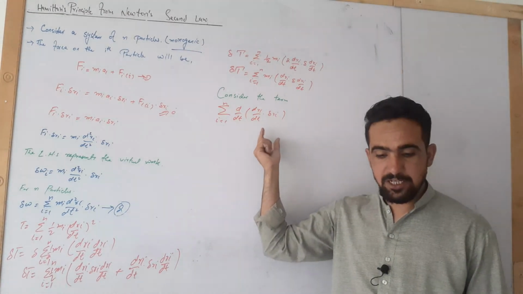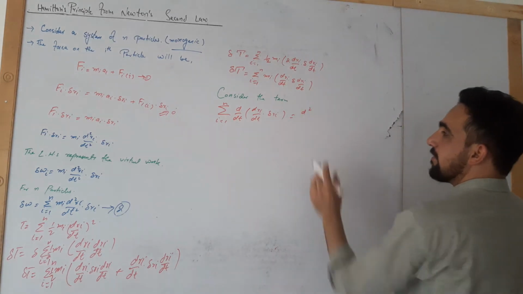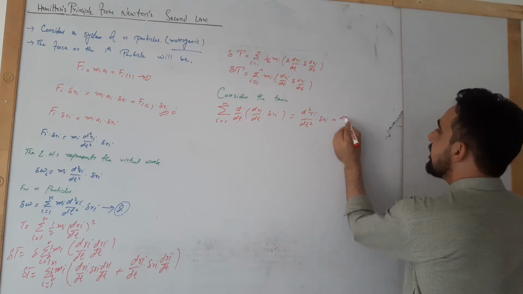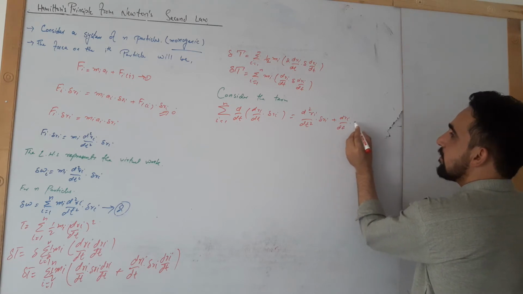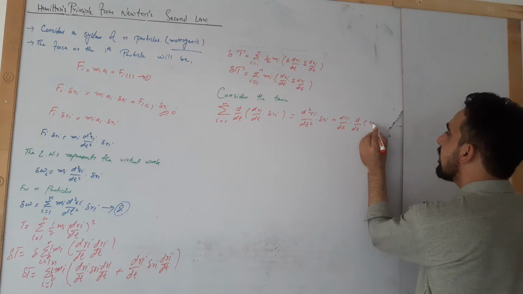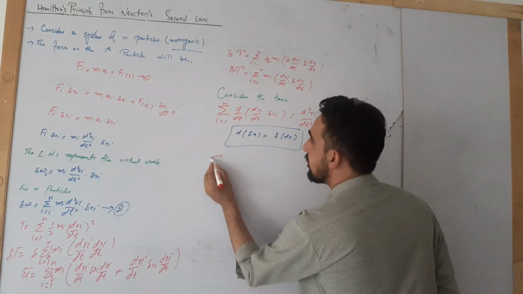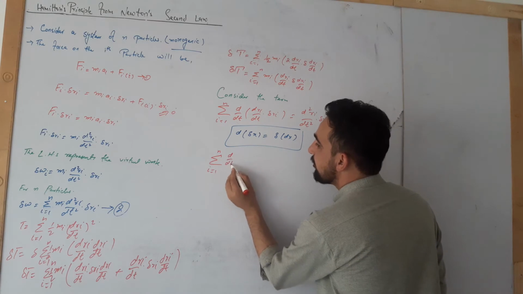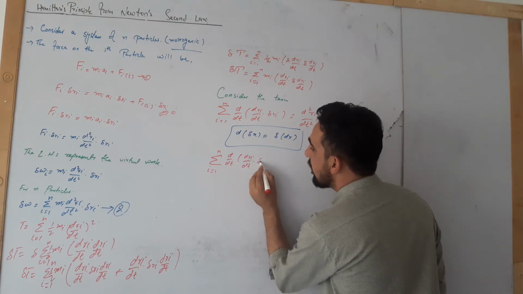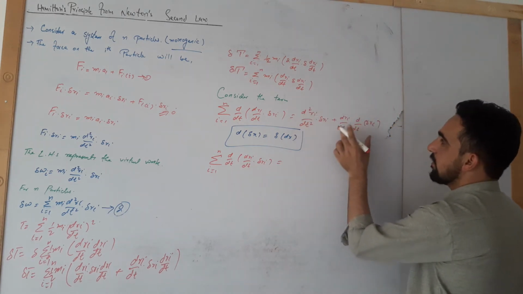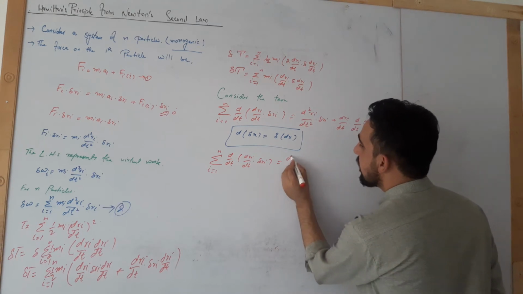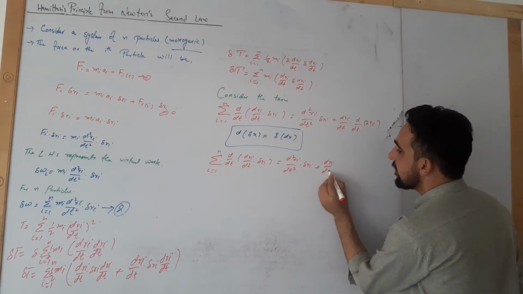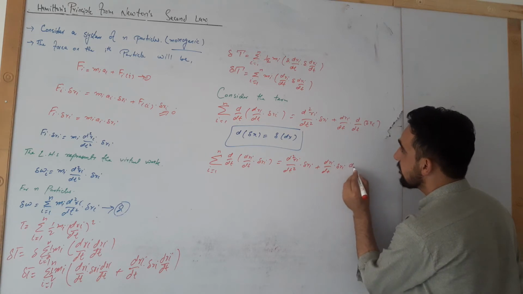This term could be expanded using the product rule again: d square Ri over dt square dot del Ri plus dRi over dt dot d by dt of del Ri, which reduces to d square Ri over dt square del Ri plus dRi over dt del dRi over dt.